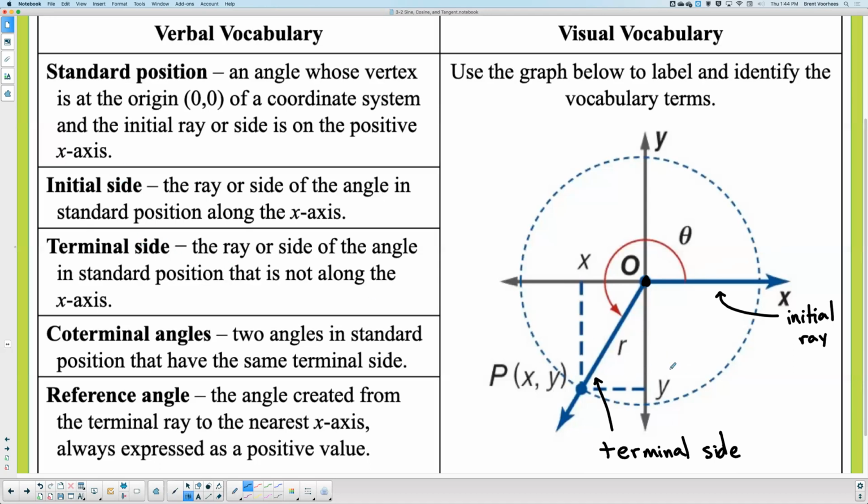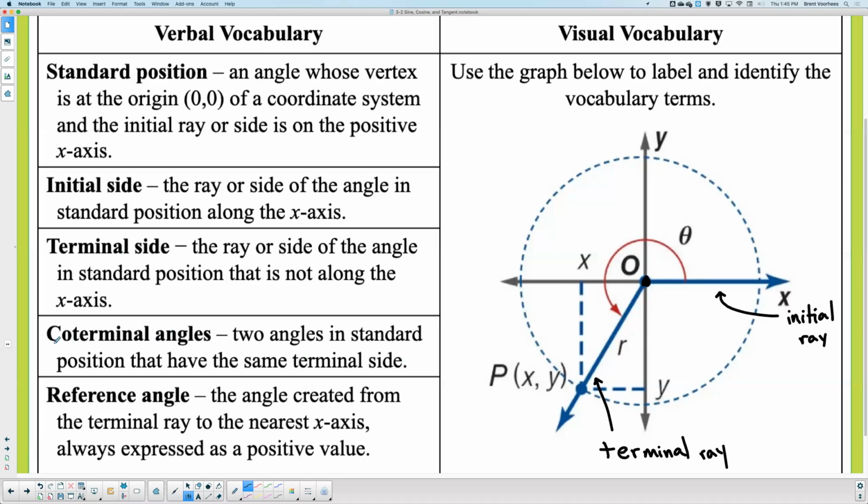I wrote side, I meant to write ray. Sorry, my bad. Terminal means to end. So the initial ray is where the angle starts, and this is where it ends. That's standard position: starting on the positive x-axis, ending somewhere else.